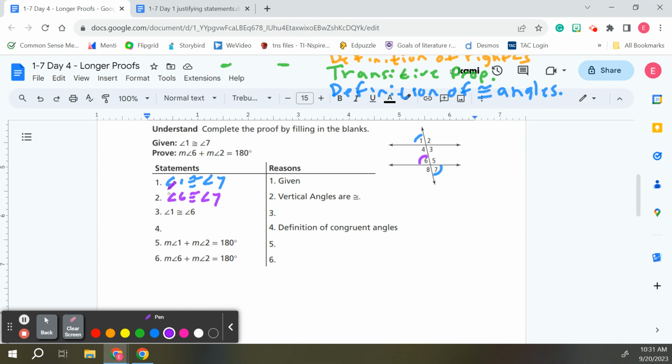Now, if I know that angle 1 is congruent to angle 7 and angle 6 is congruent to angle 7, then I know without a doubt that angle 1 would be congruent to angle 6. What's the property there? Go ahead. Transitive property. Nice job.